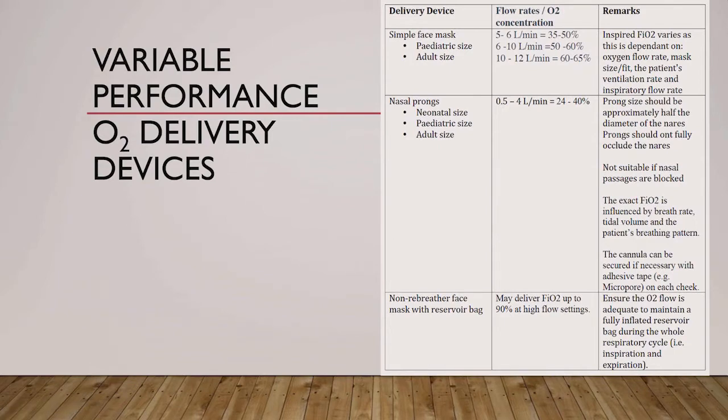However, the inspired FiO2 varies because it depends on a few factors: the oxygen flow rate you are providing, the mask size and fit, and the patient's ventilation rate, inspiratory flow rate, etc. A non-rebreather mask with a reservoir bag can deliver a higher FiO2, up to 90% in some settings.